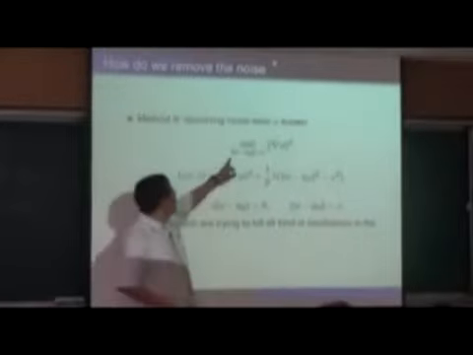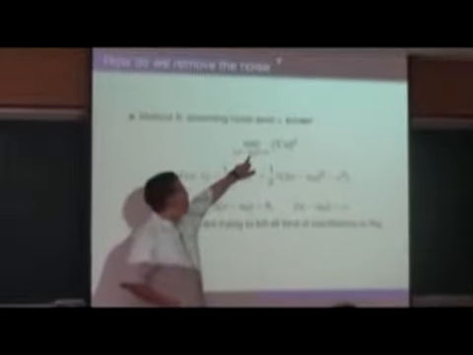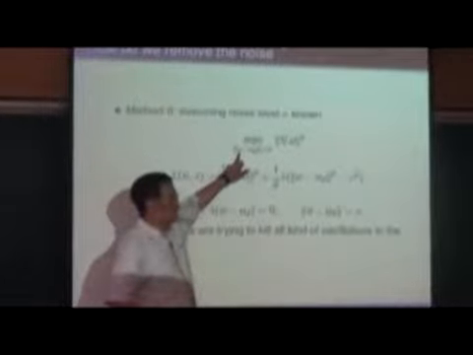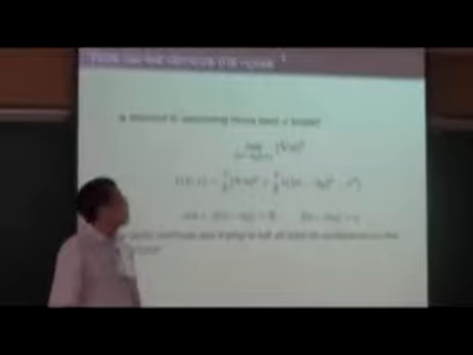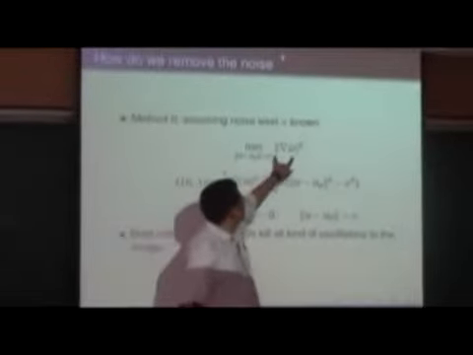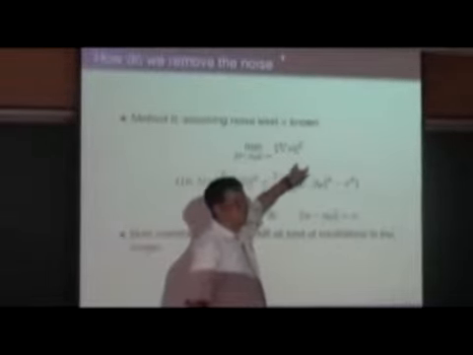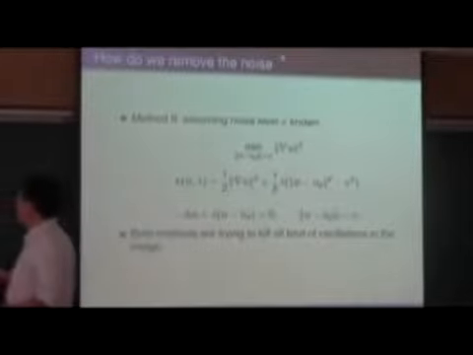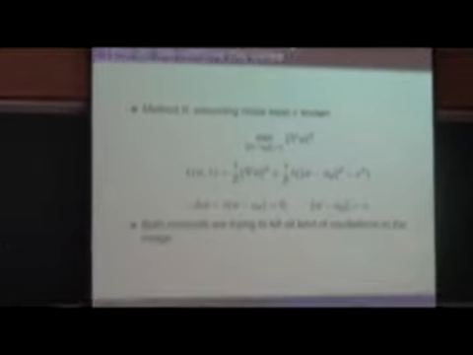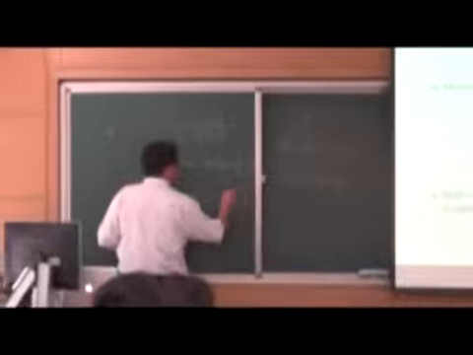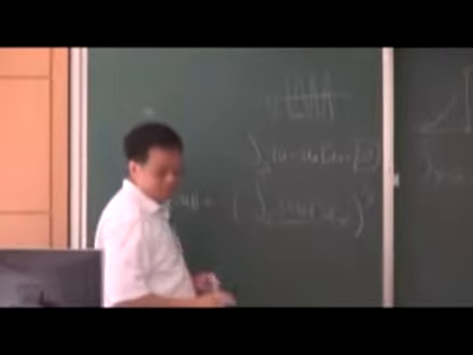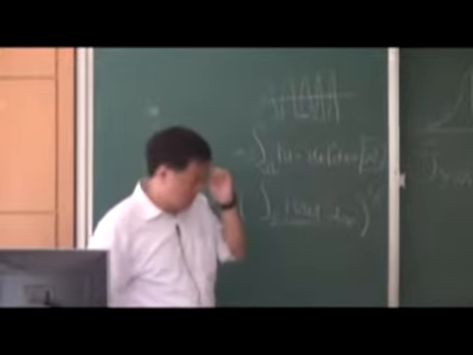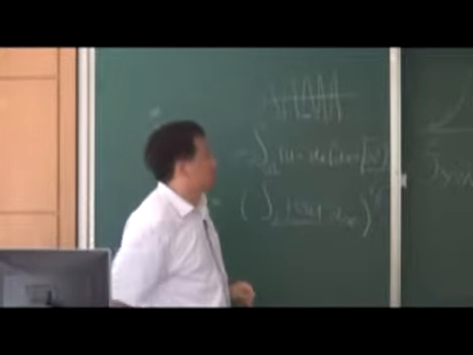So there are infinitely many signals. If you are given a noisy image, there are infinitely many images which satisfy this noise level. You want to remove the noise, so one way is to minimize the derivatives. Here this is the definition of the seminorm of u. So how do you remove the noise?